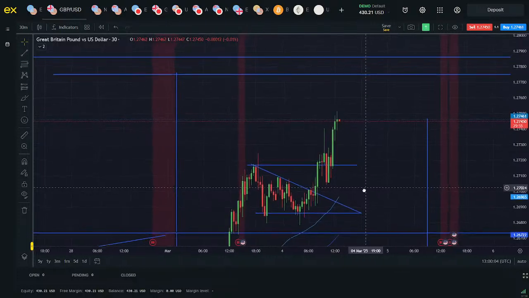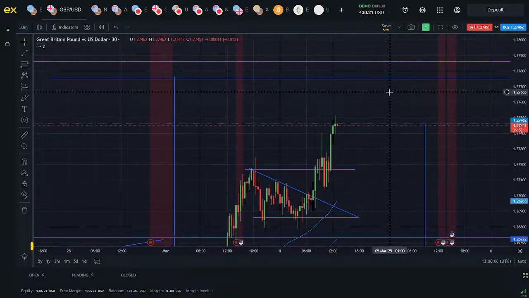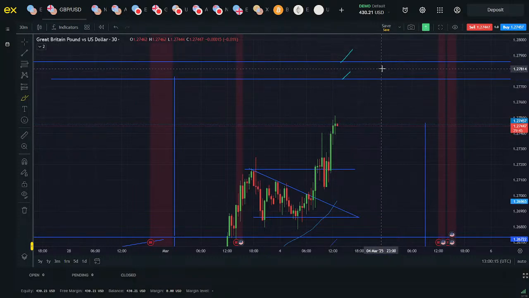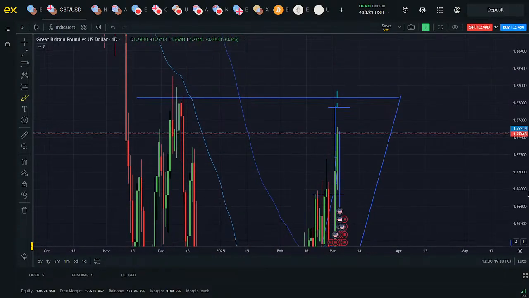The market trapped all the sellers, and now it is going for maybe this point, or maybe this point, because the upper point looks more validated than the point on the lower side.